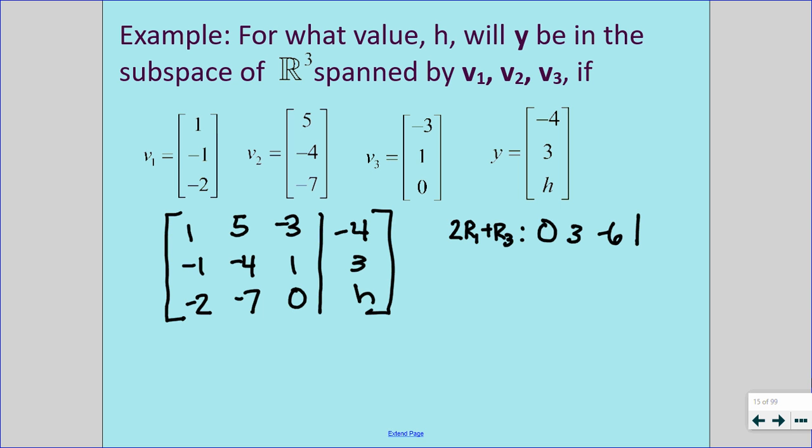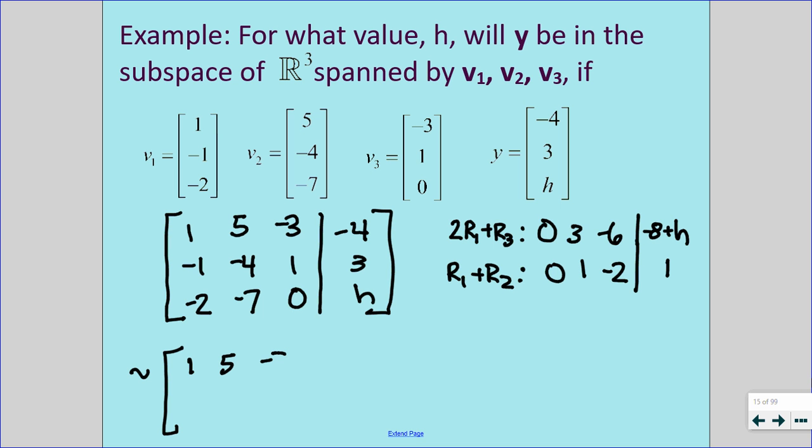And then we would do negative 8 plus H. So that's 2R1 plus R3. We could also do R1 plus R2. And so this is going to be algebraically equivalent.